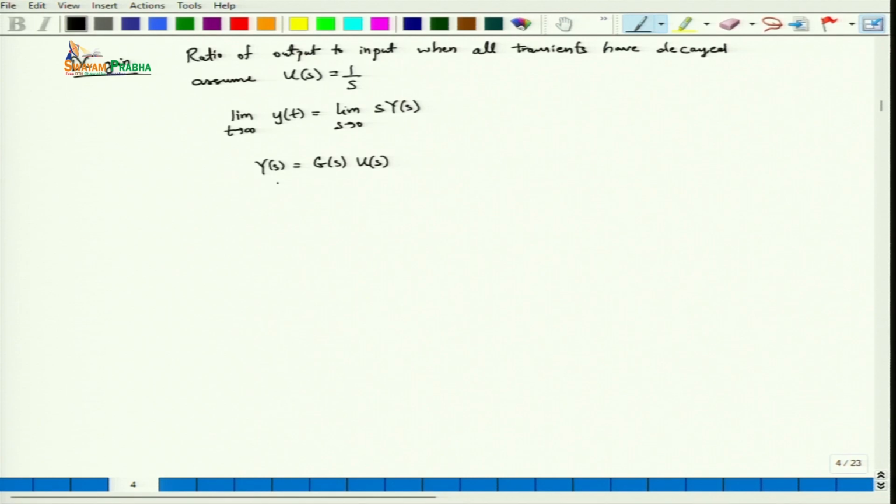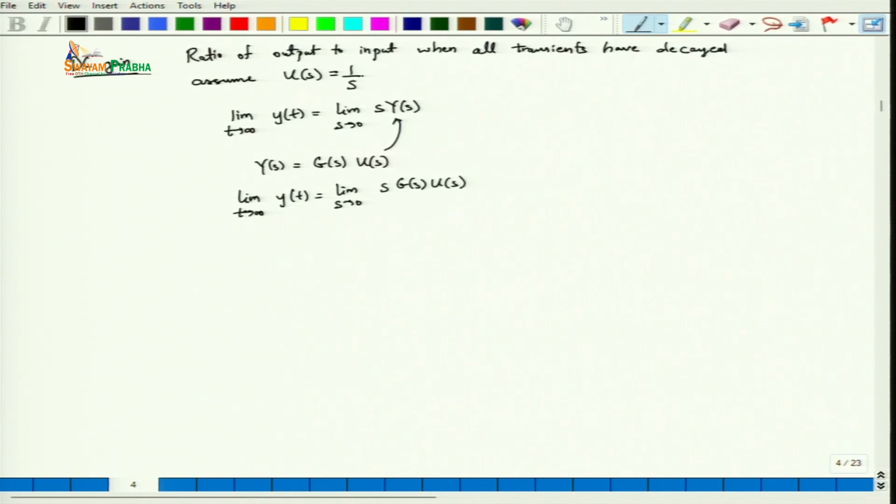So if we substitute this into this equation, you will find that the limit as t tends to infinity of y of t is the limit as s tends to 0 of s g of s u of s.